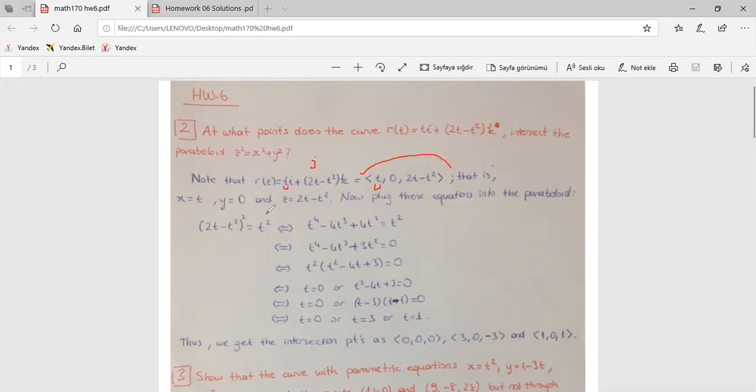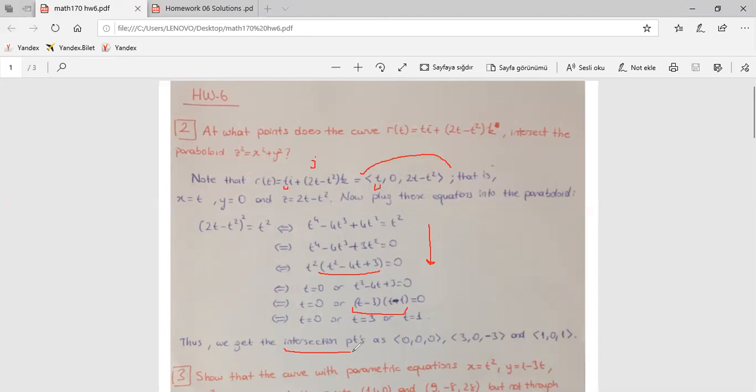So we have this equation. If we solve that, we obtain t squared times this parenthesis equals 0. So it means t is either 0 or this parenthesis is 0, which is exactly this. Then it means t is either 3 or 1. So we have 3 values of t.